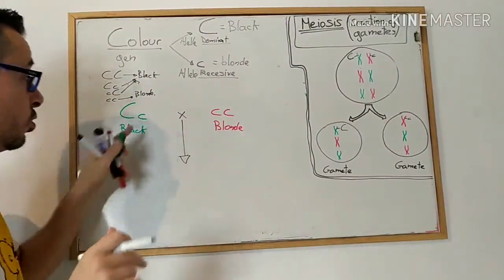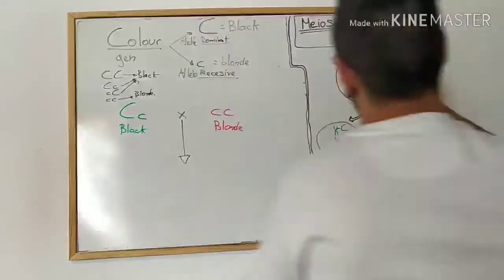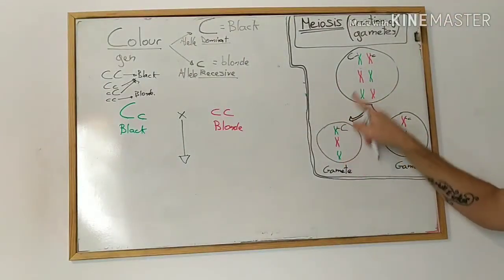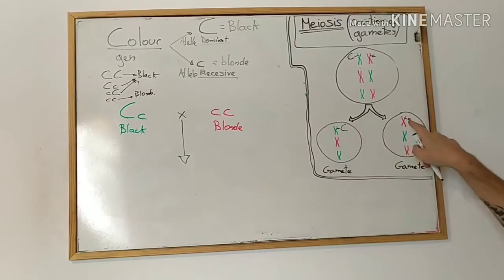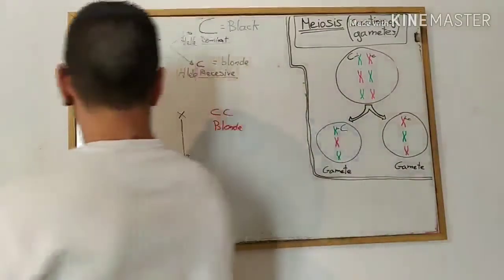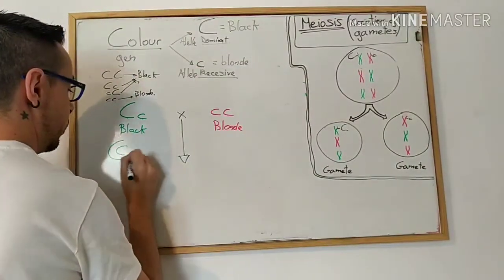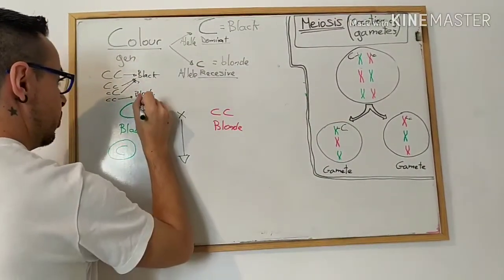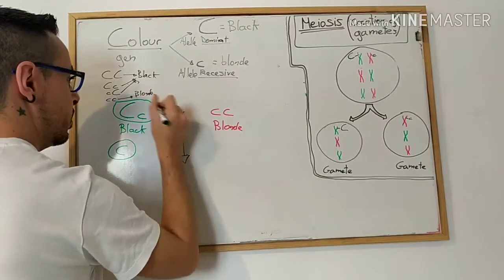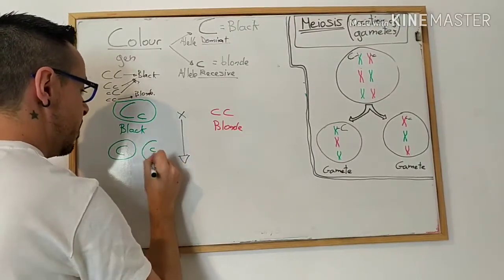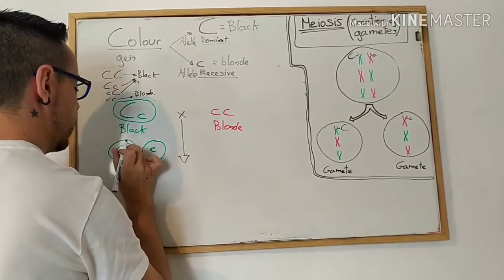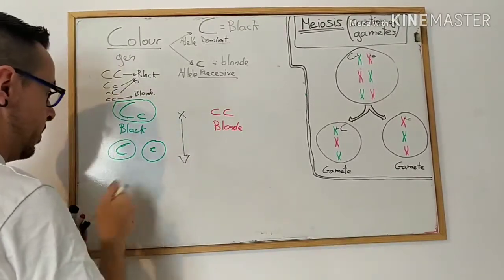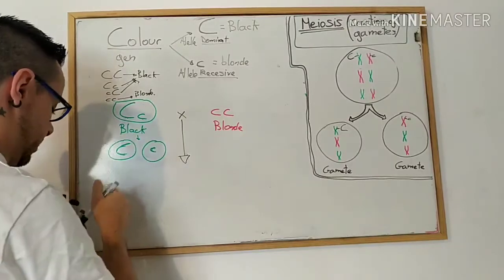When he produces gametes, half is going there and half is going there. So some gametes are going to be like this, and another ones are going to be like this. So this is one kind of gamete, and this is another kind of gamete, the little one and the big one, okay? And these are the gametes.